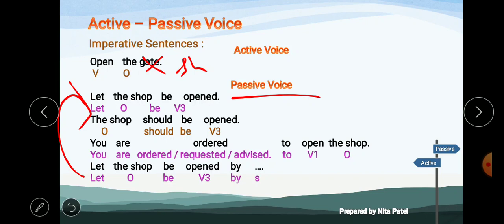Same thing: let the shop be opened now by someone, now someone as subject. Here you is the subject, let the shop be opened by you. Now generally we don't write you, but in the sentence it might happen that a particular subject is given. So in that condition, let this shop be opened by him. If in a particular sentence you find any other subject, you have to write that subject here, right? We'll see this in the example.